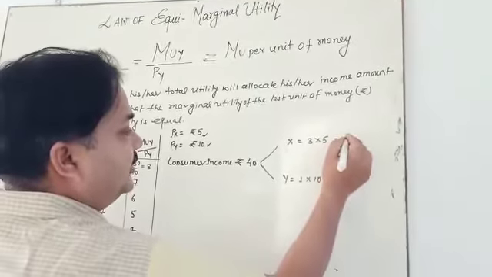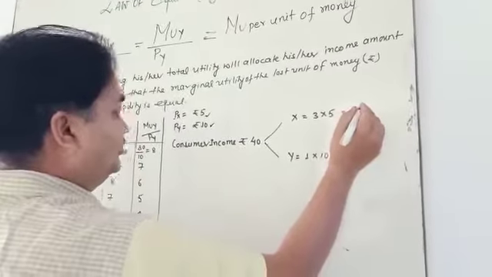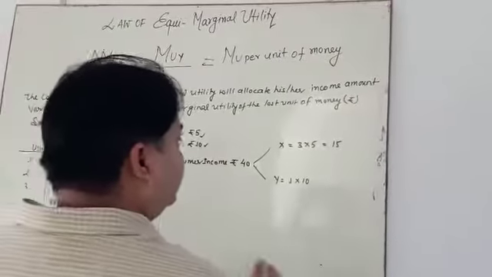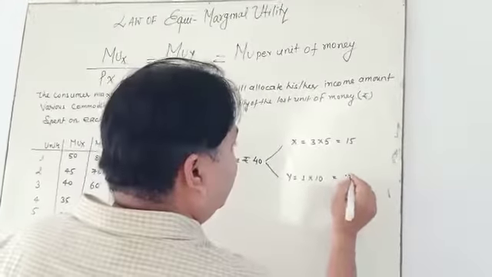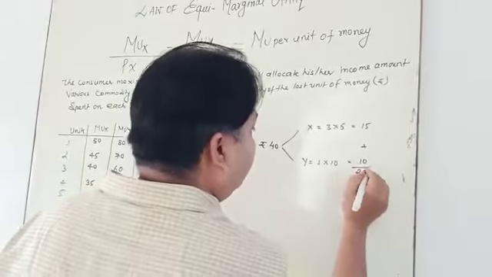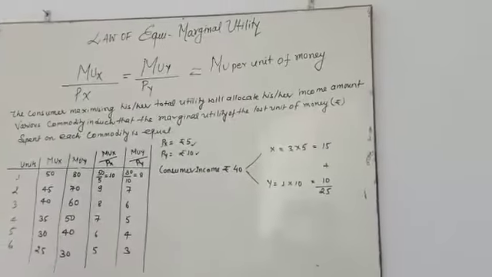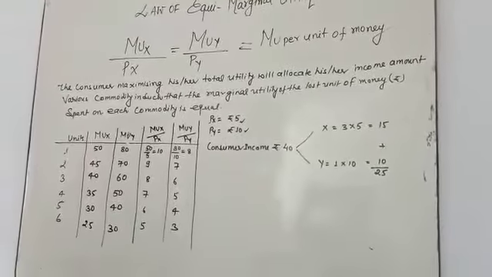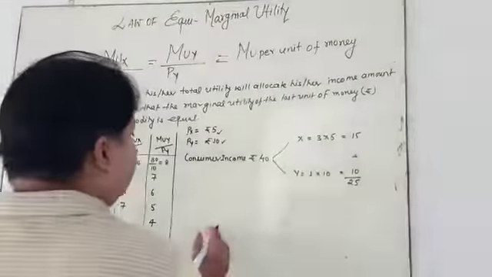You just multiply: 3 into 5 is 15, and you add 10. So how much is that? 25. Only 25 rupees is going to be spent in this situation. So 25 is the total expenditure, and it is not a total adjustment. You can take another adjustment.